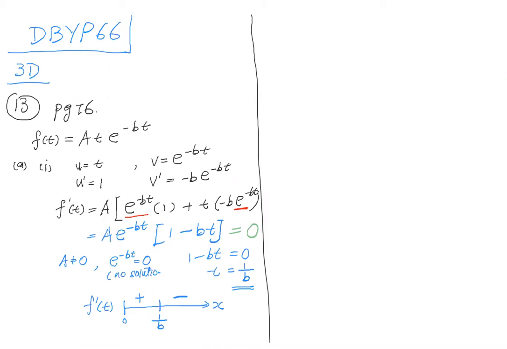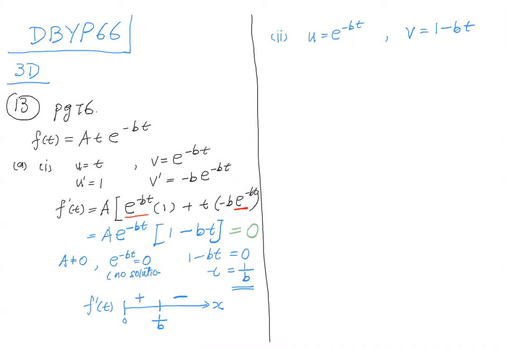So you continue with the part B, A, part 2. You have to get your f double prime t. So the u will be e to the power negative bt, and your v will be 1 minus bt.